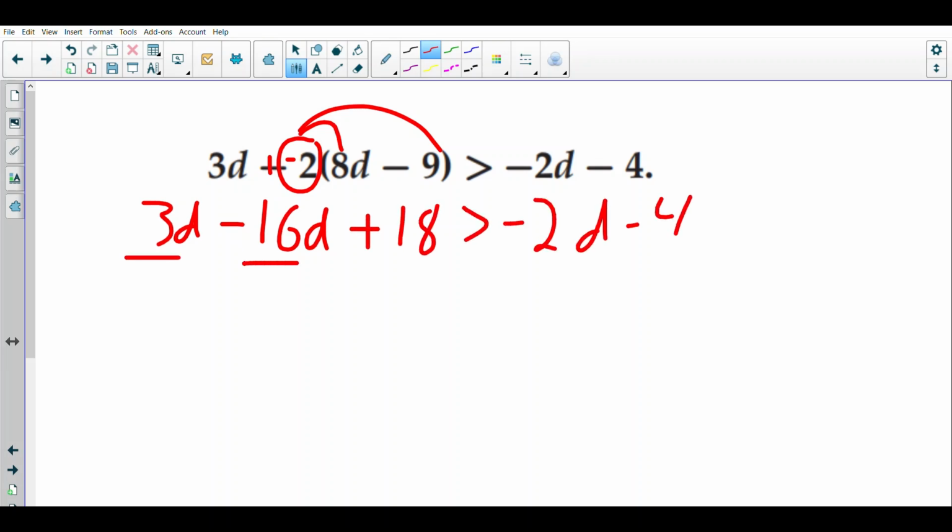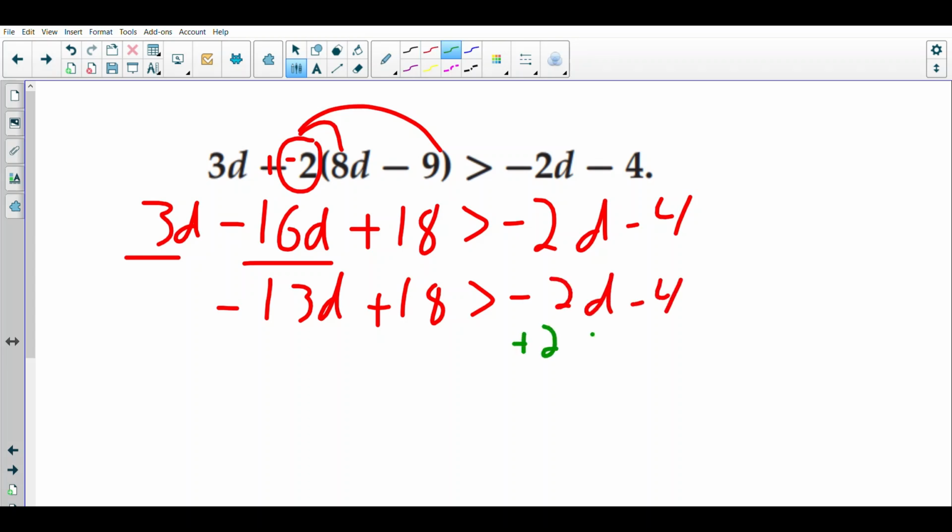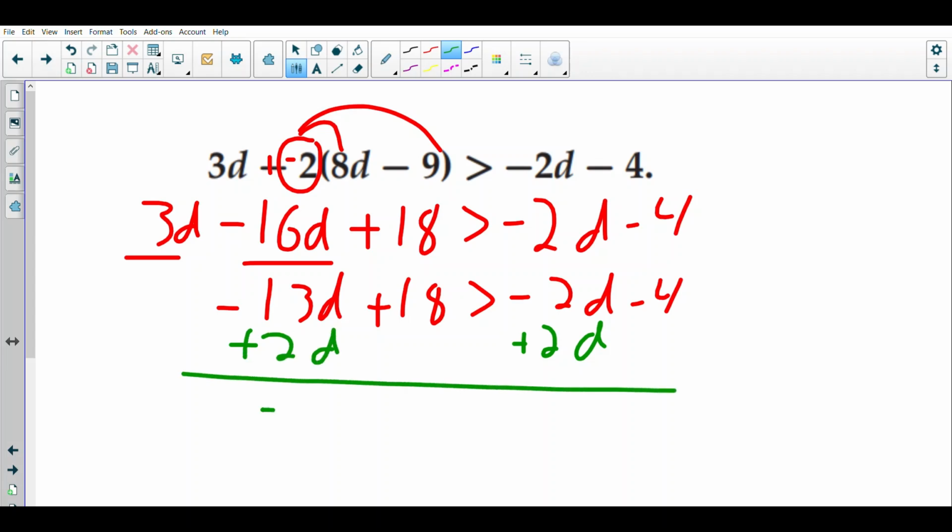Combine like terms. So I get negative 13d plus 18 is greater than negative 2d minus 4. I'm going to move the 2d onto the right side.